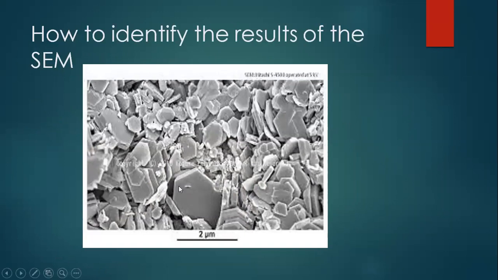This sample is referred to as kaolinite material. How do I know it is kaolinite? Because the shape of the particle under the microscope is hexagonal.